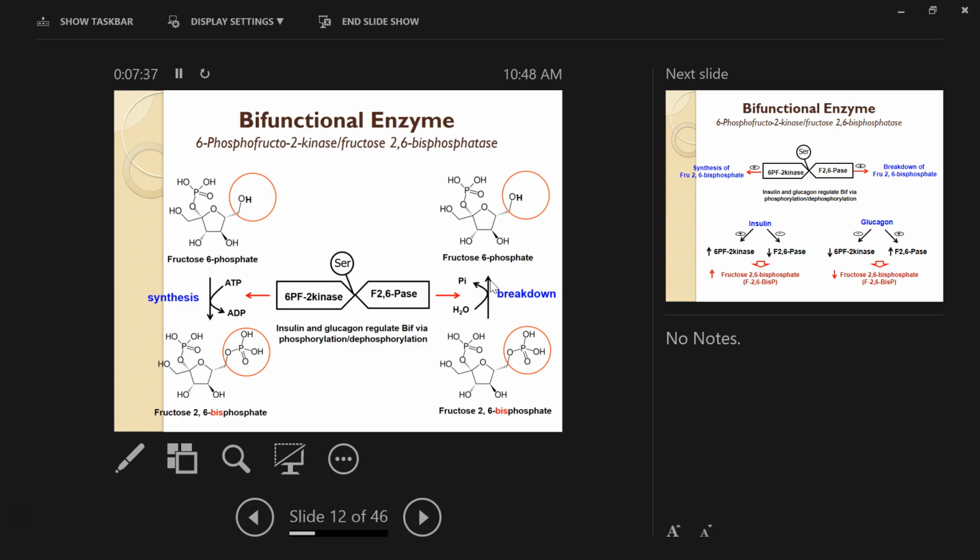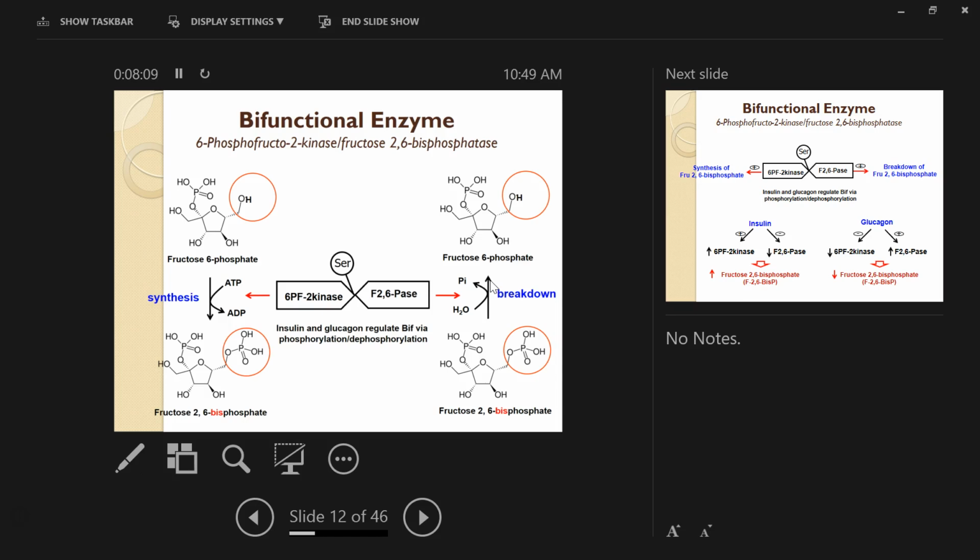Now let's talk about the production of this specific intermediate, fructose 2,6-biphosphate. Again, the synthesis or breakdown of this intermediate is controlled or regulated by the bifunctional enzyme.